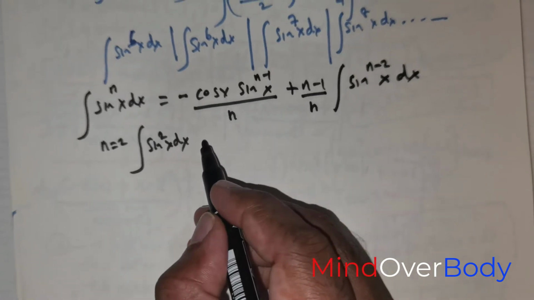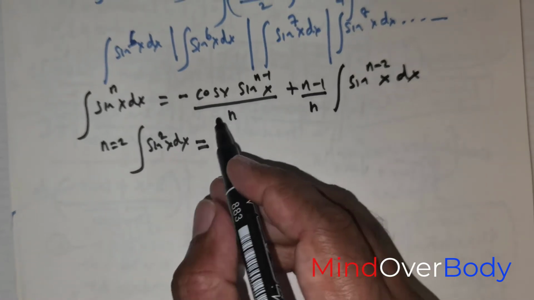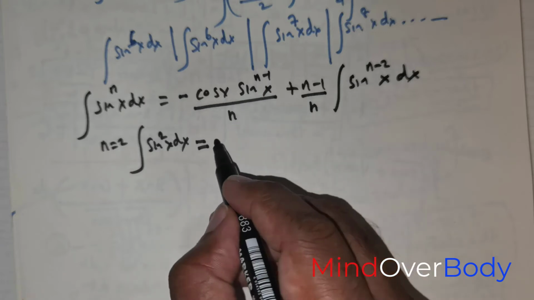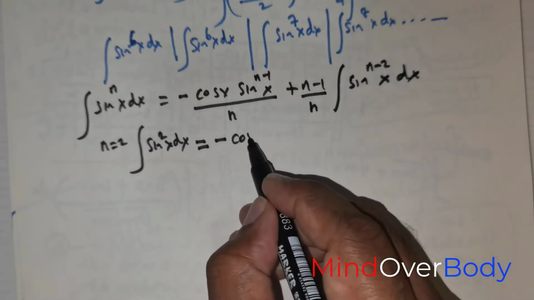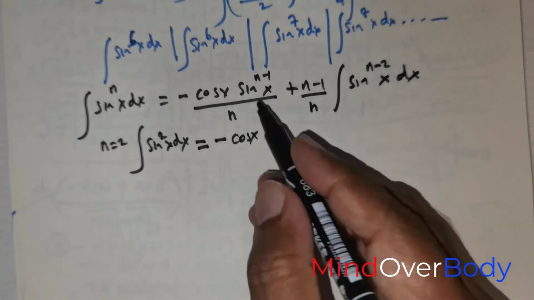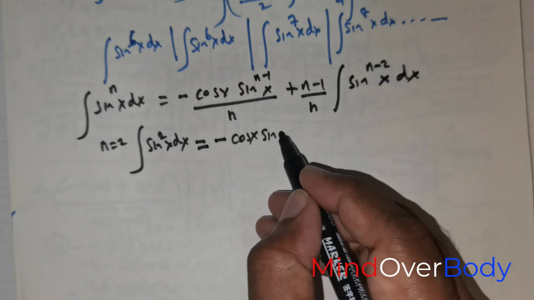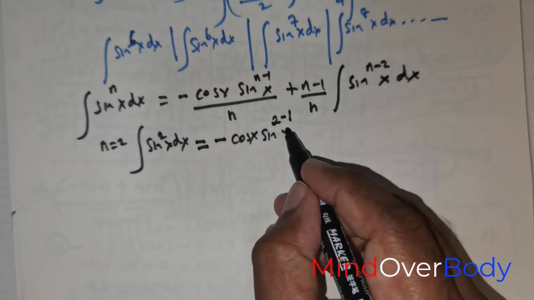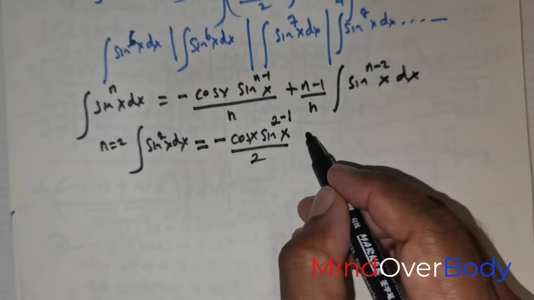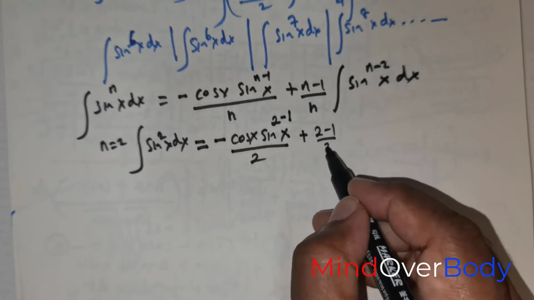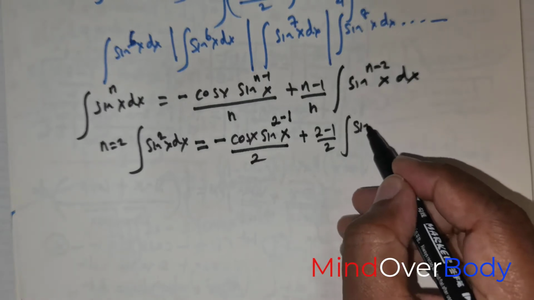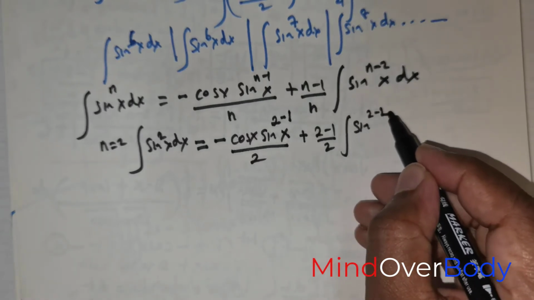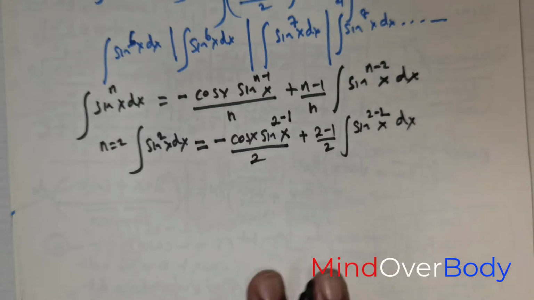Okay, now just by applying the formula we will actually get the same quantity. Let me show that to you here. Since n is equal to 2, it's going to be negative cos x times sine to the power of (2 − 1) x divided by 2, plus (2 − 1)/2 times the integral of sine to the power of (2 − 2) x dx.